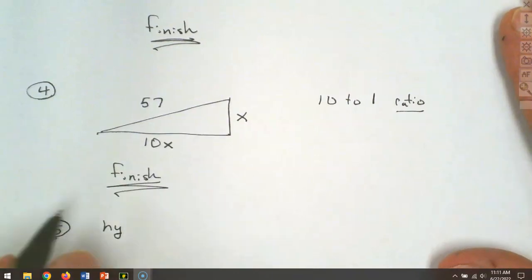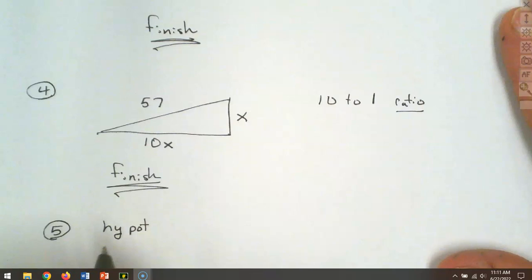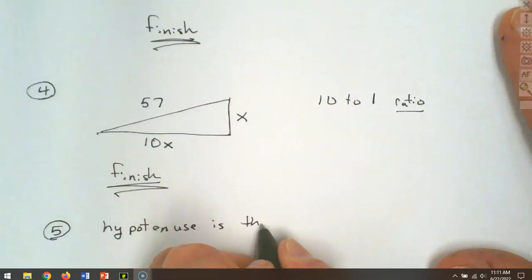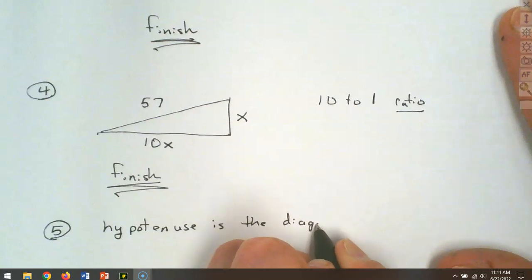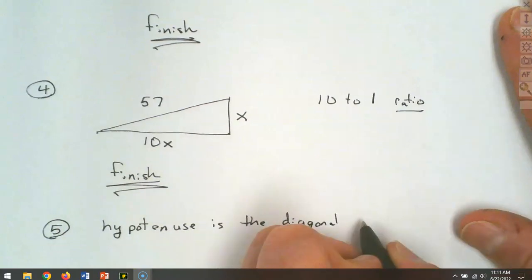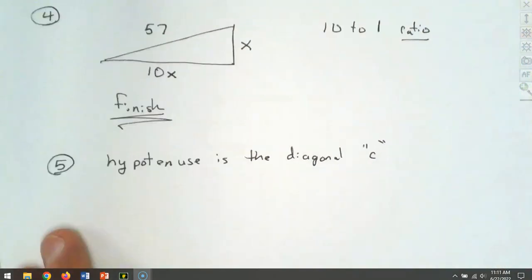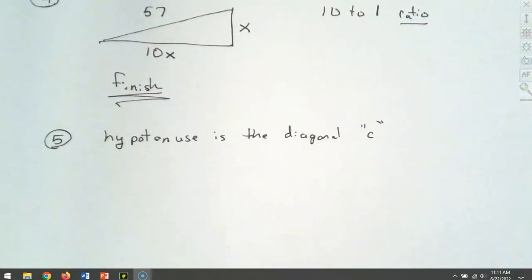So that's going to be your C. Now you're going to make a triangle, and you're going to solve that triangle the same as we did the others. So when you see the hypotenuse, that just means that's diagonal, and that's going to represent your C.